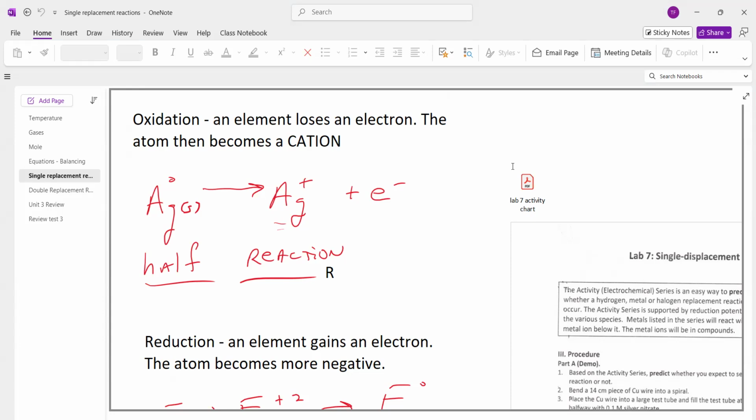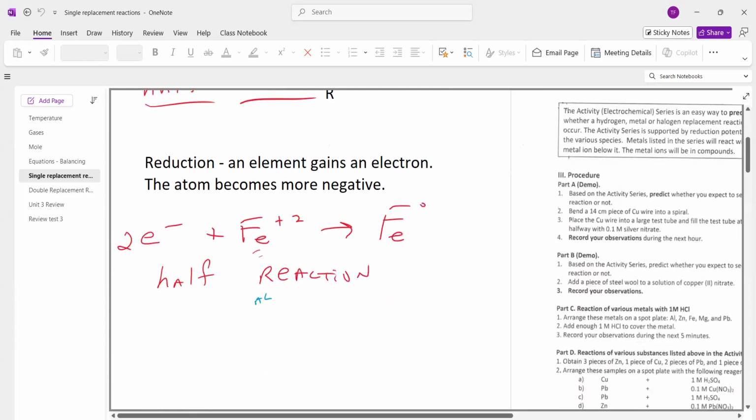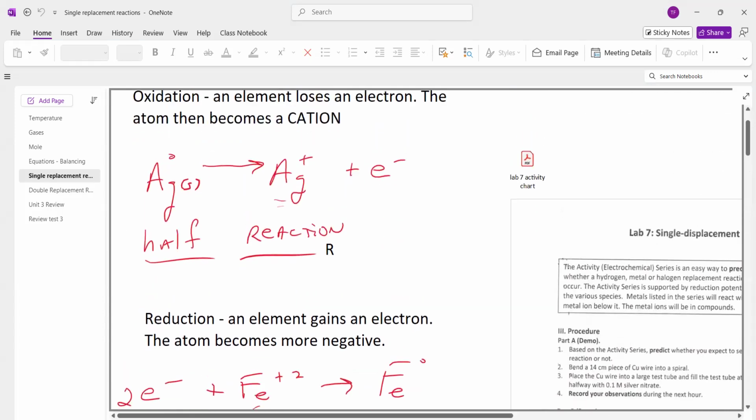Okay, so when we talk about oxidation and reduction, there's a concept called a half reaction, because we always have a reduction going on at the same time as an oxidation. So that's why we say there's a half reaction and the two halves equal a whole.